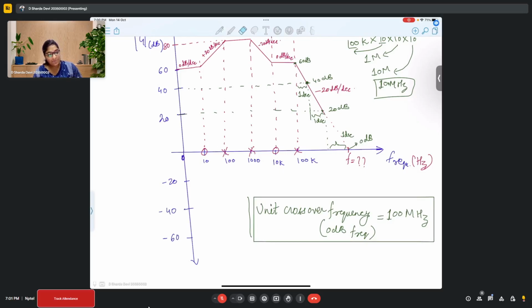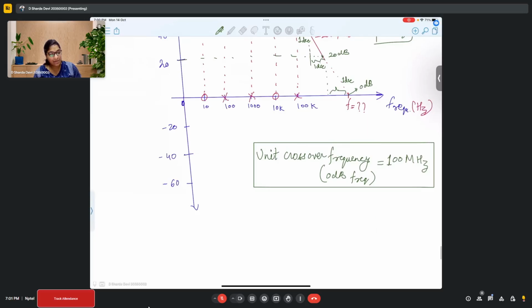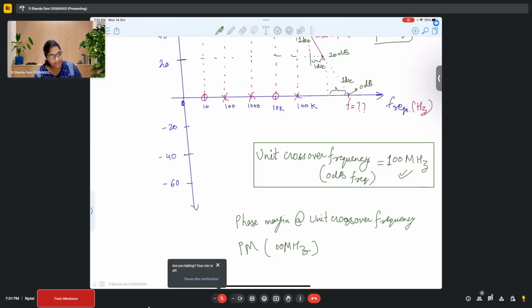So when you calculate your phase margin, you calculate it at the unit crossover frequency. That's why it is very important to identify this frequency, because your phase margin you will now calculate at 100 megahertz. At this frequency, you will find the phase margin and see whether your system is stable or not. Is this clear?